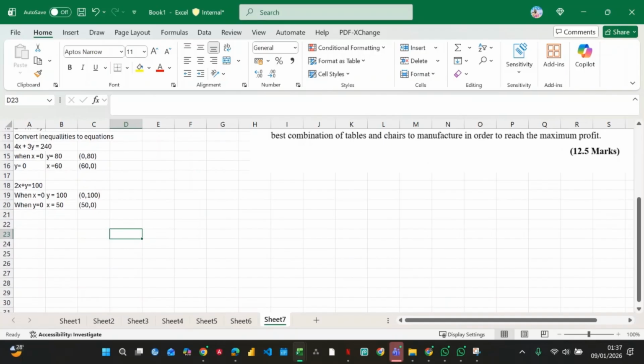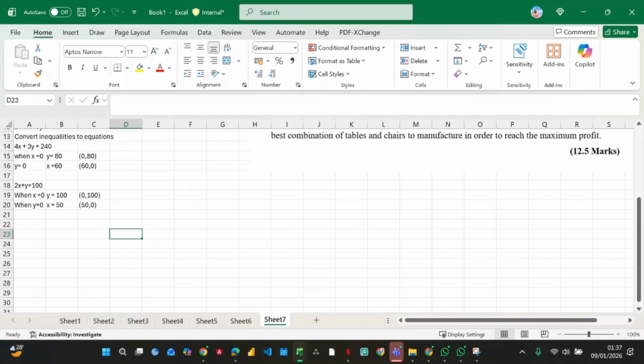Okay, so we can see. With this, the next thing we need to identify is the feasible region. The feasible region is where all the constraints are satisfied simultaneously. Do you understand?